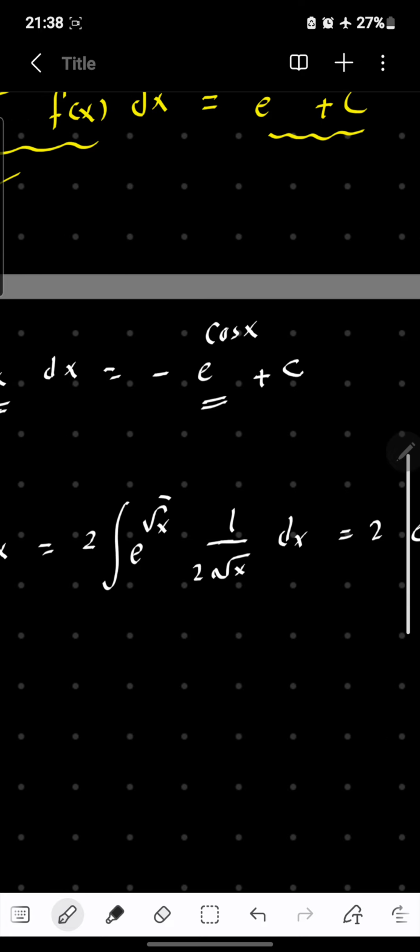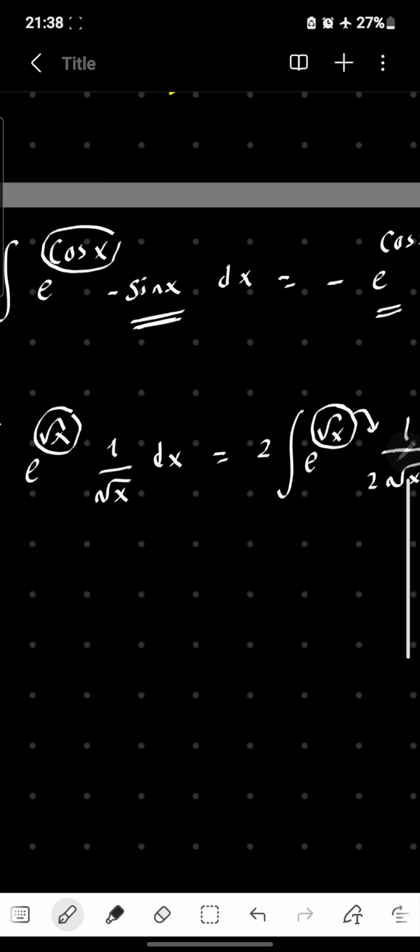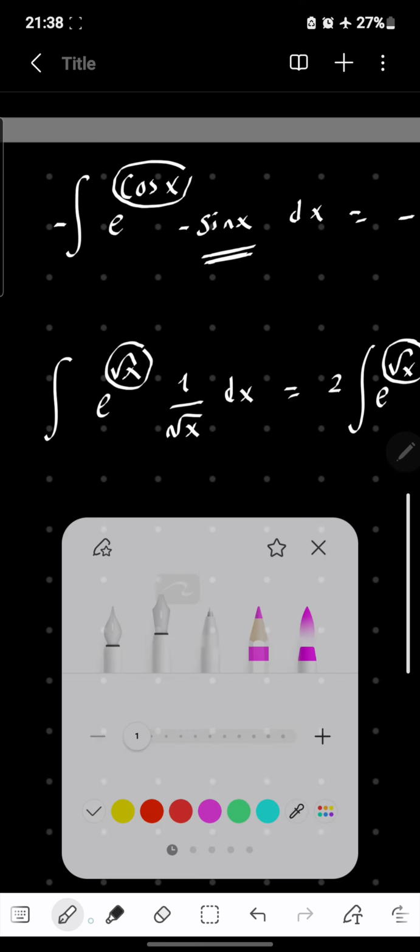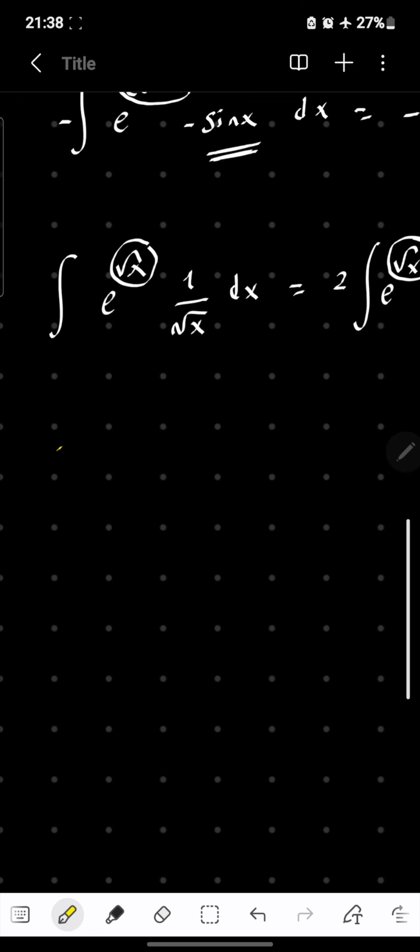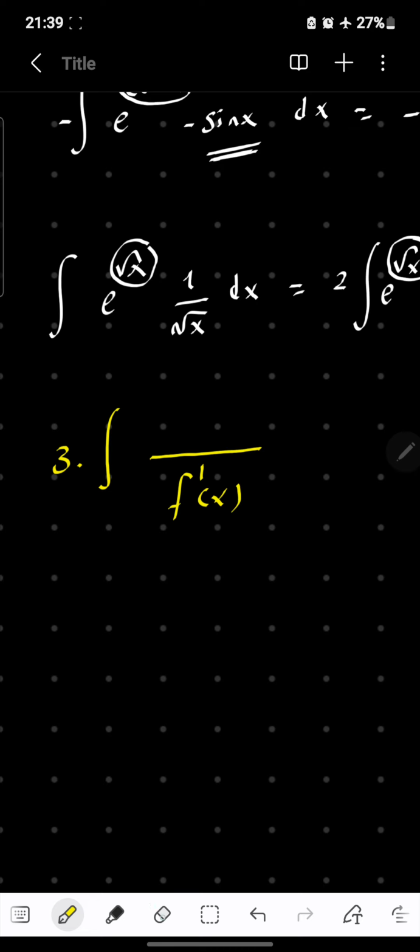So you can see the function here, its derivative is already inside the integral, so you can integrate according to the rule. Number 3, the third basic rule of our antiderivatives: a fraction where a function called f of x is in the denominator and its derivative is in the numerator, dx.